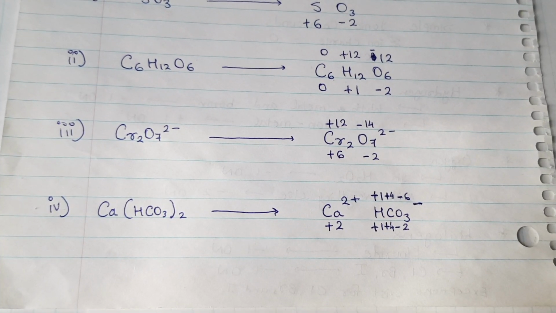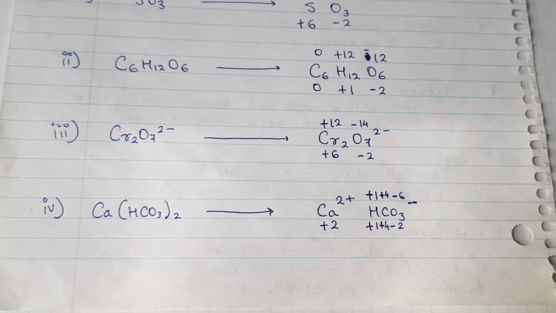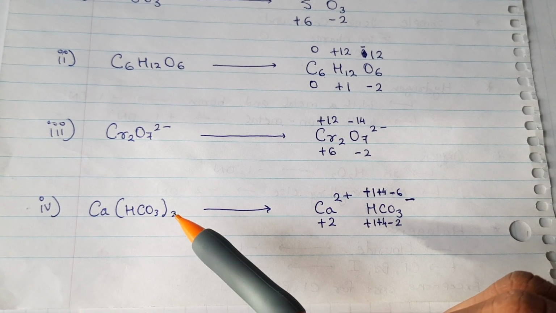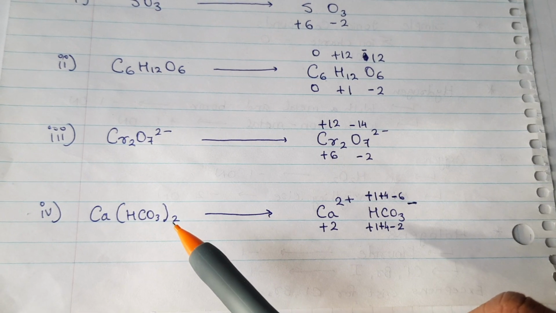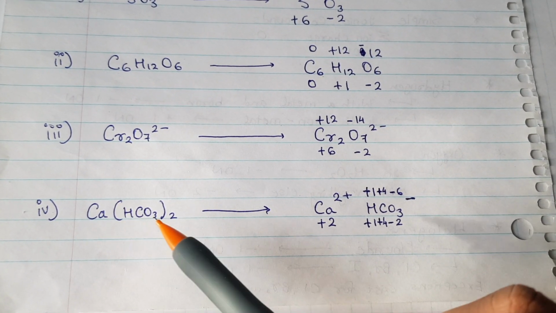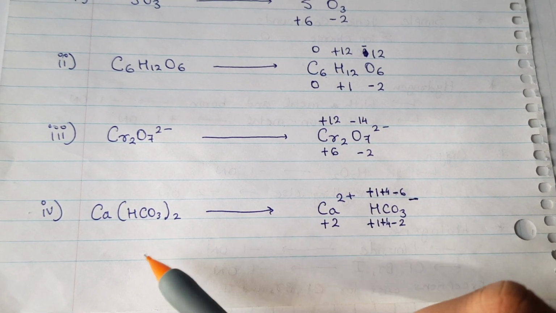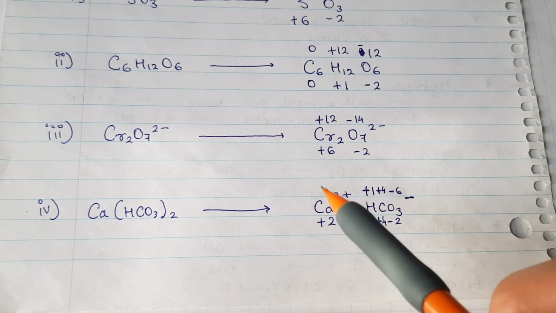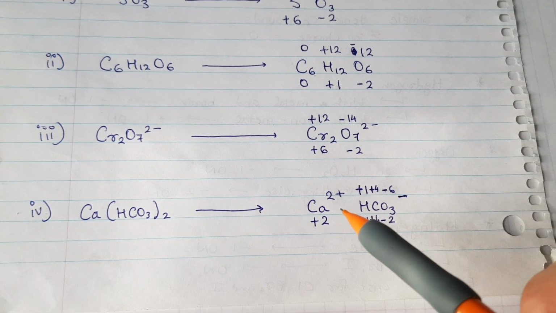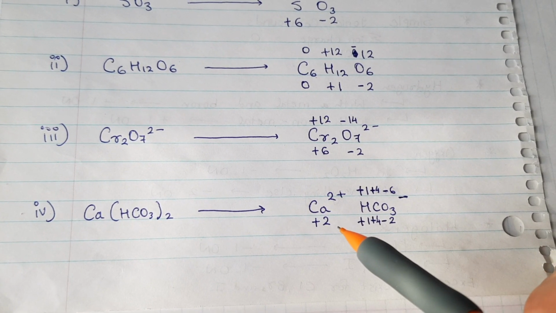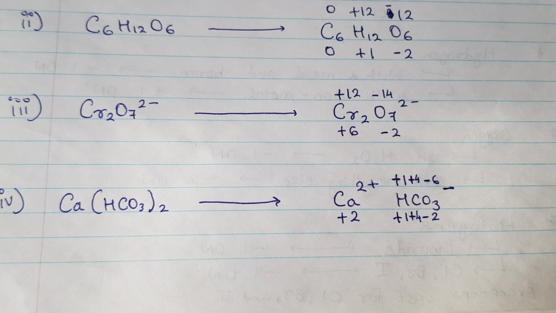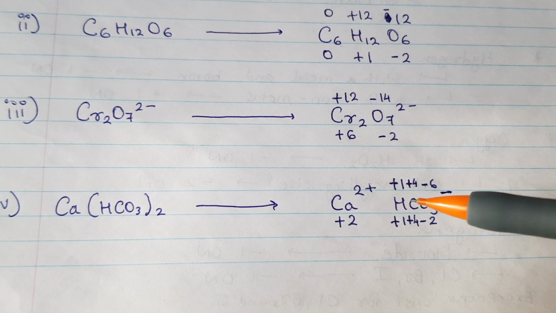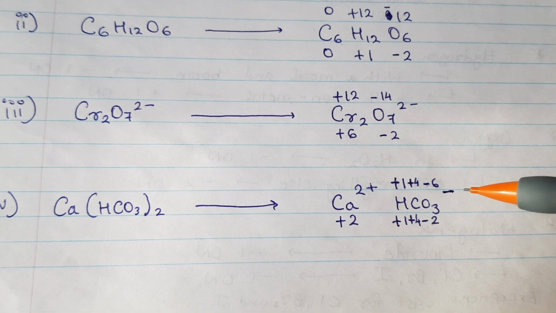Let's look at the fourth example. The fourth example is this complex compound. This is probably the most complex you will go. This is an ionic compound, and the best way to do this is to break the compound down into its ions. So Ca(HCO3)2 would break down into Ca2+ and HCO3-. Now calcium 2+ would have an oxidation number of +2. HCO3- is similar to Cr2O7 2-. The sum of the oxidation numbers of all of these atoms has to be -1.